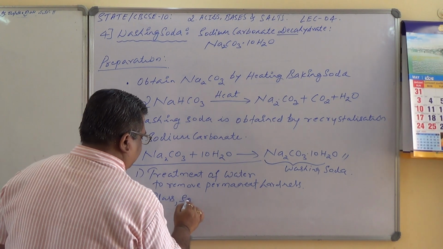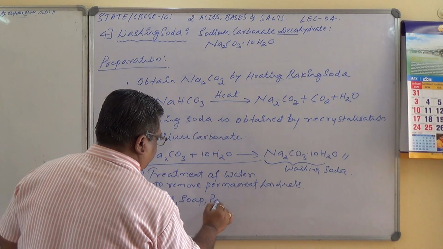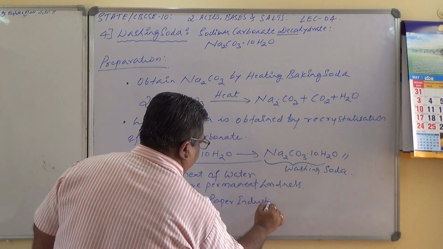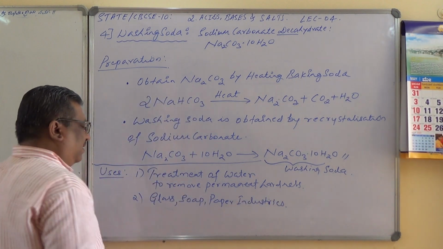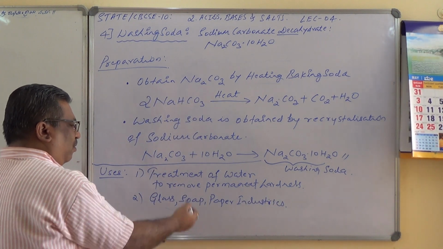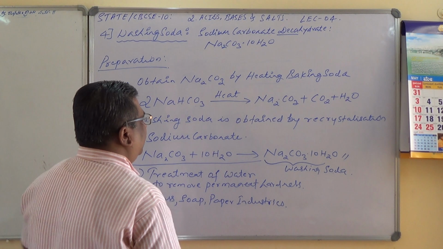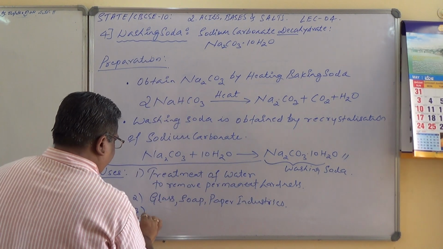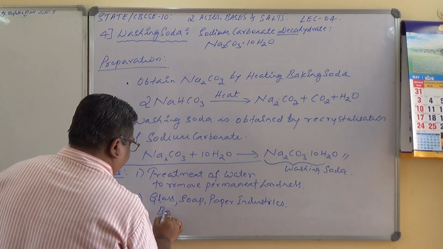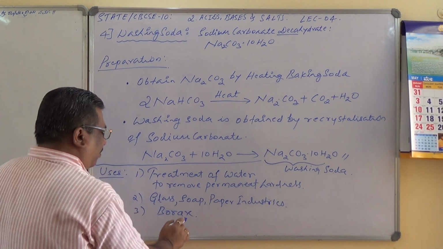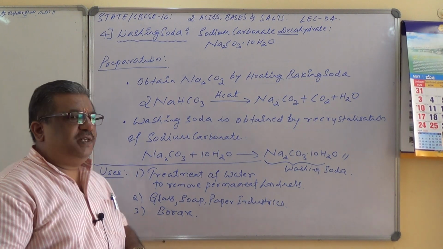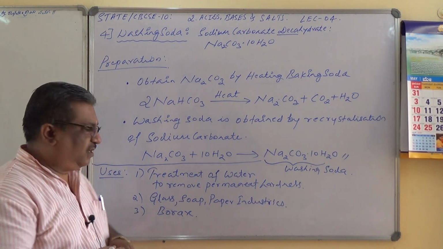And the second application, it is used in the manufacturing of glass, soap, paper industries. So very wide application in industries: glass industry, soap industry, paper industries. In one or the other form, washing soda is used. Third, it is used in the manufacture of borax. Borax also is one such sodium compound which is very widely used in industries.